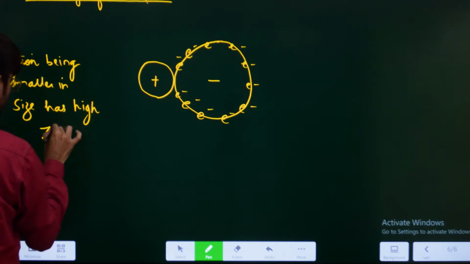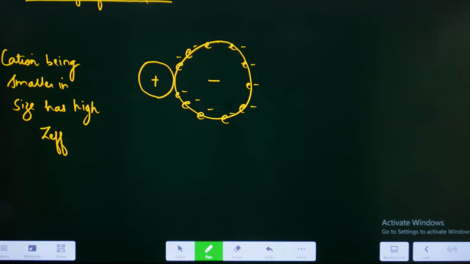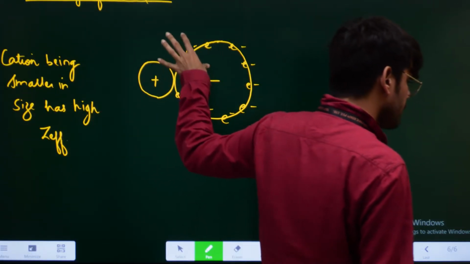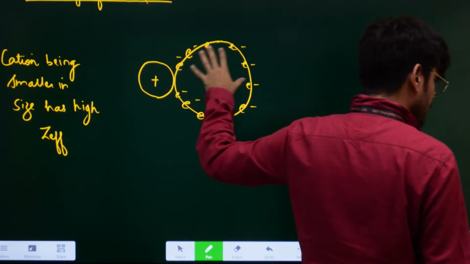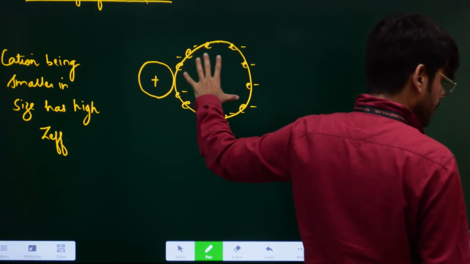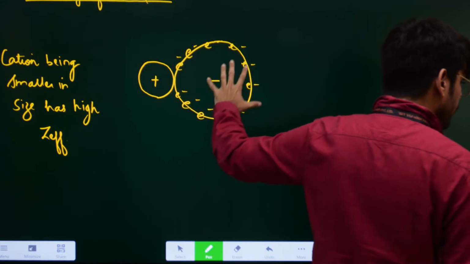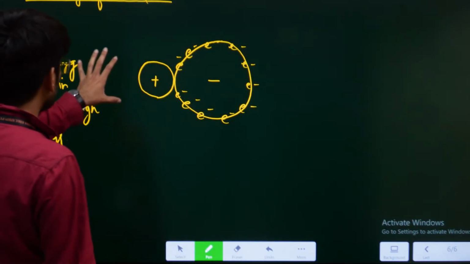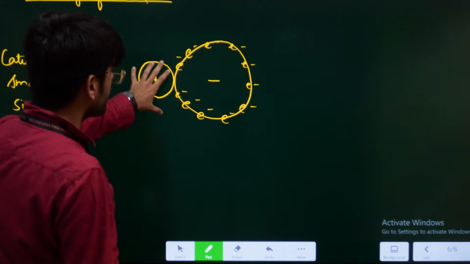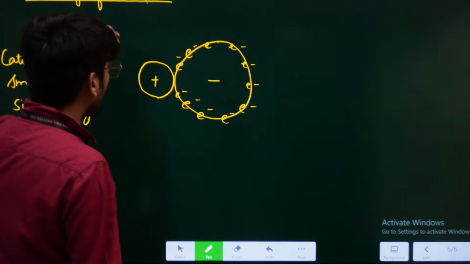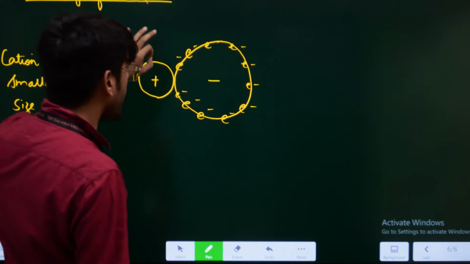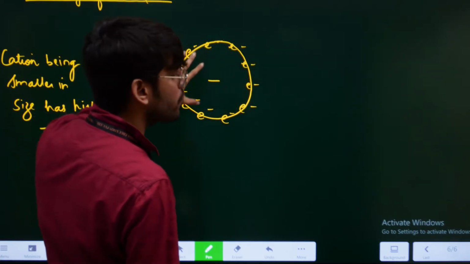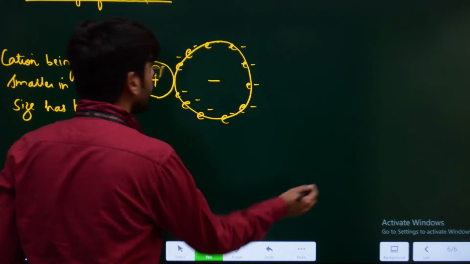Yes or no? Being smaller in size, it has high charge density and high Z effective. Due to this high charge, it distorts the electron cloud of this anion towards itself.